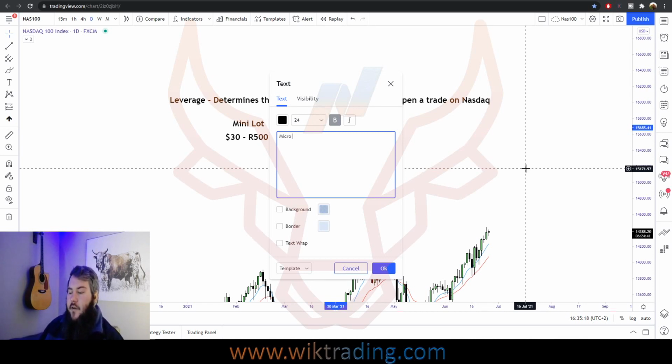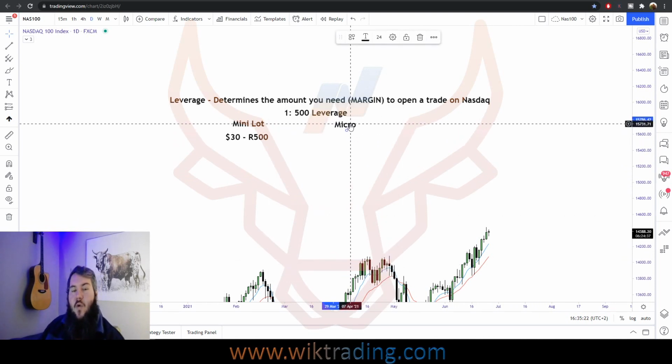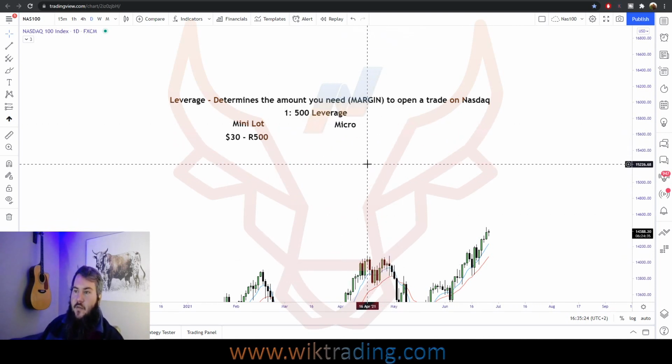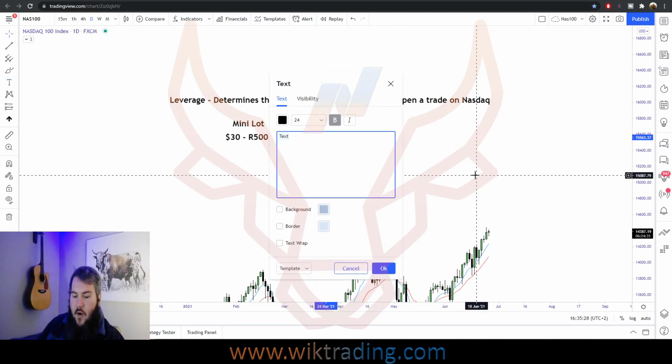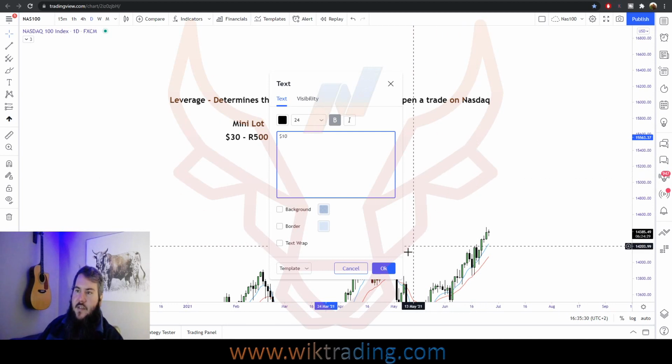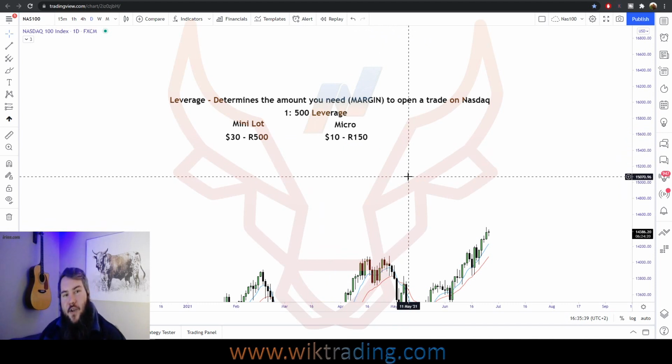So they offer micro lot accounts. In other words, for you to open a 0.01 lot with them, the least amount that I used to trade with, opening a trade with them on Nasdaq, was $10, 150 Rand in South African currency. So depending on your broker, that will determine the amount of money that you need to start trading Nasdaq.